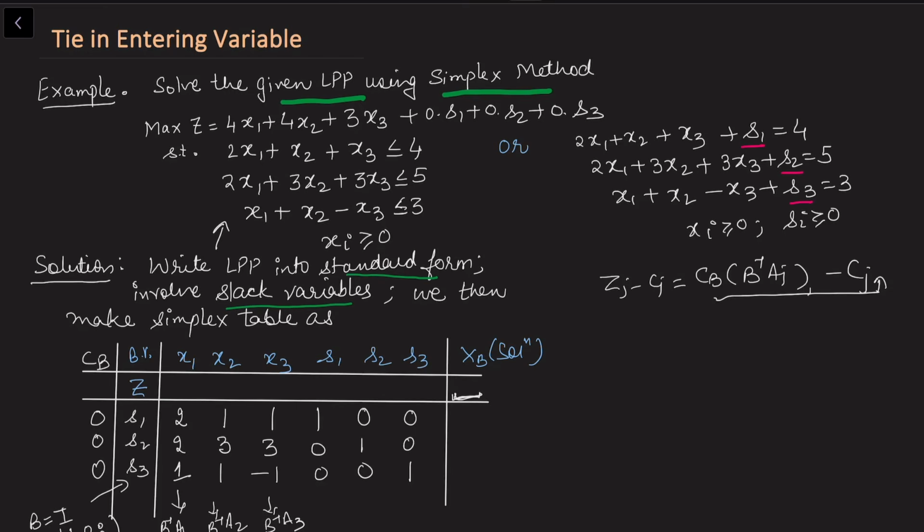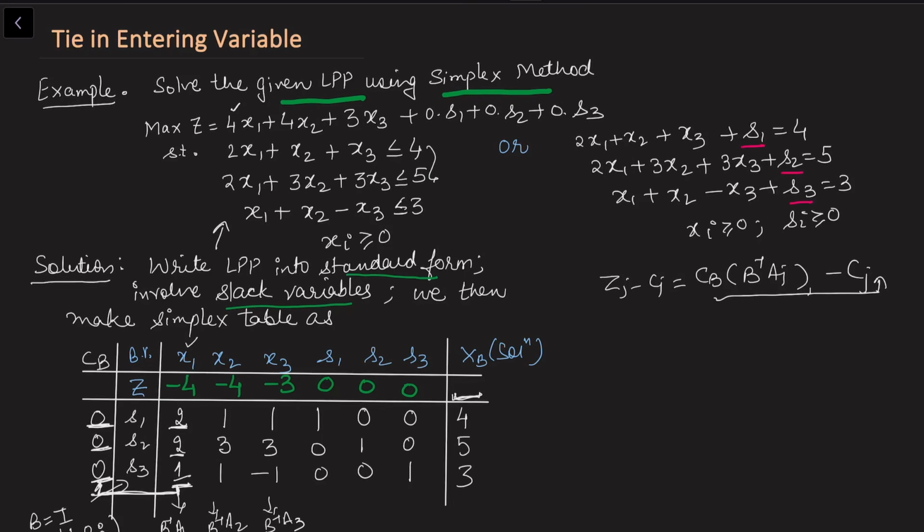We multiply this set of scalars with the CB vector correspondingly, so 0 into 2 plus 0 into 2 plus 0 into 1, that gives me 0 minus the cost of x1, and the cost of x1 is 4, so here I get this quantity as minus 4, and similarly we get minus 4, minus 3, 0, 0, 0, and the right hand side is the right hand side of the constraints, 4, 5, 3.